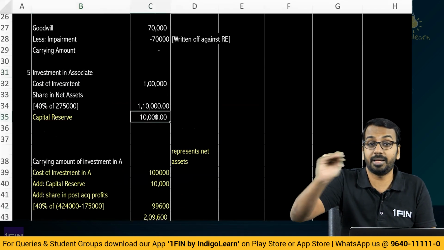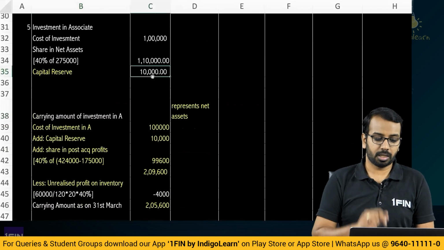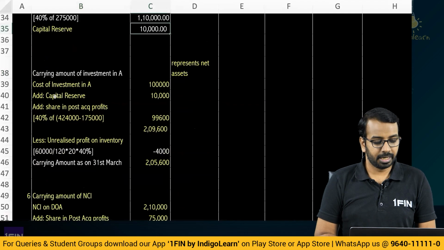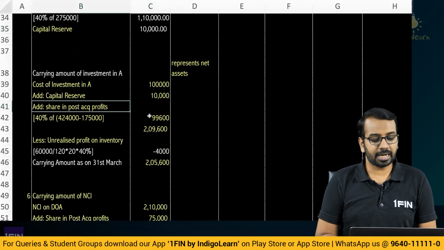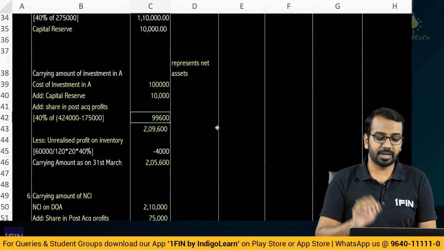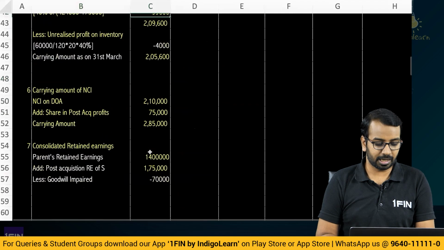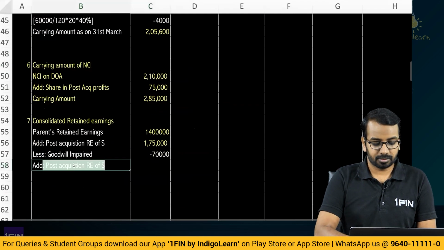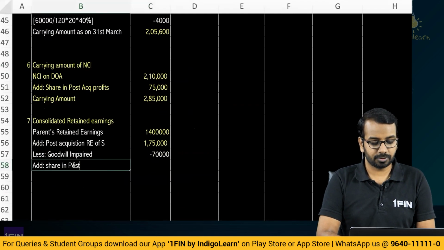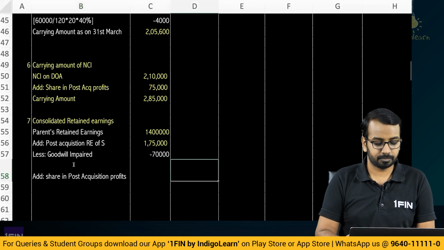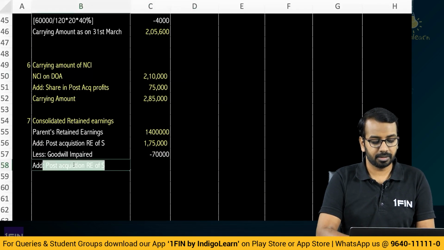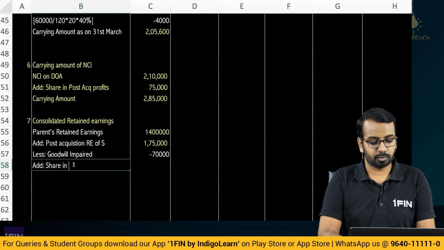Then when we come to investment in associate, we have capital reserve. This capital reserve is not my retained earnings. Capital reserve separately I will show it in other equity. Then here we have share in post acquisition profits in investment in A, 99,600. So that will come. Add share in post acquisition profits, this is for A. Add share in profits which comes from A Limited.